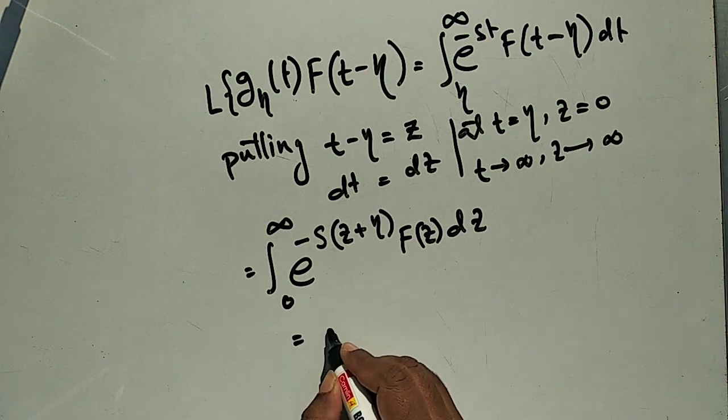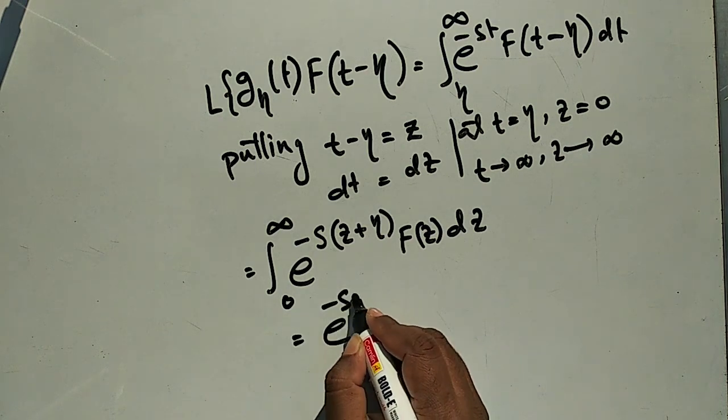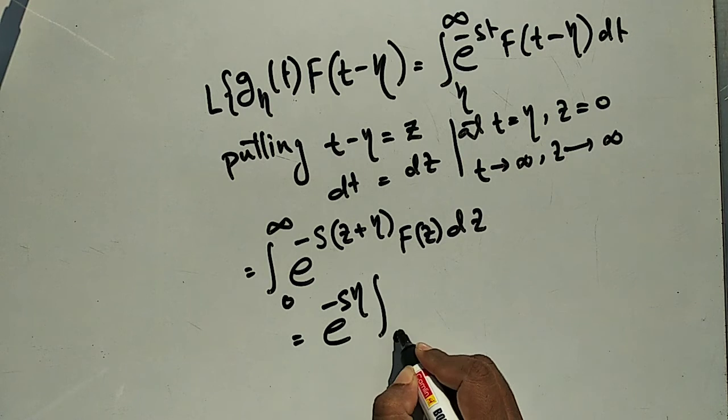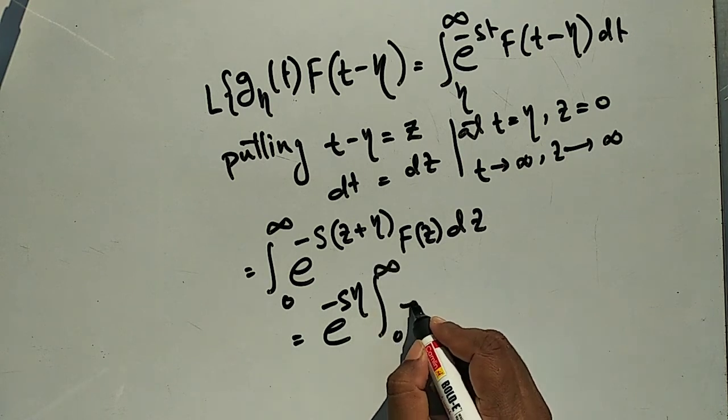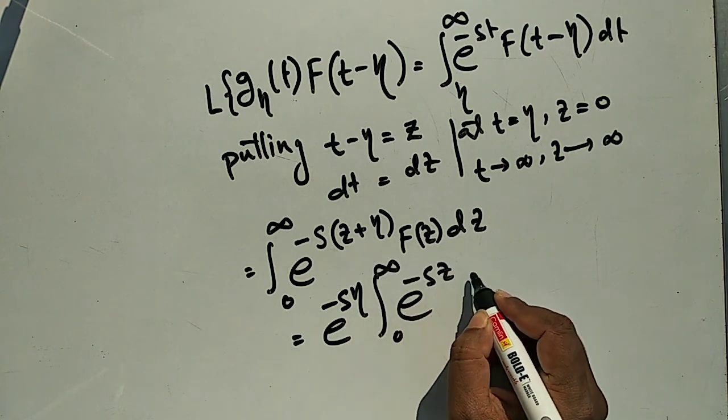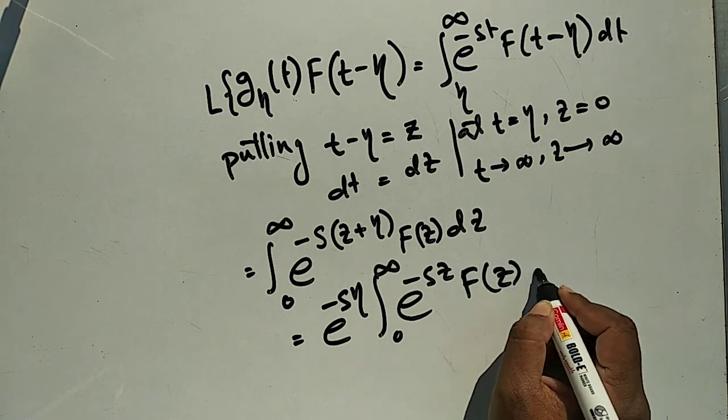This is nothing but e to the power of minus s eta times the integral from 0 to infinity of e to the power of minus sz f(z) dz.